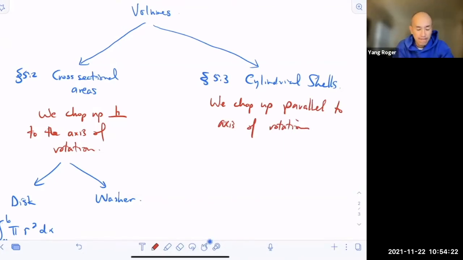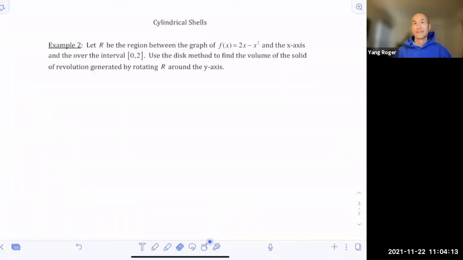So this one is not using cross-sectional areas. This one is using shells.